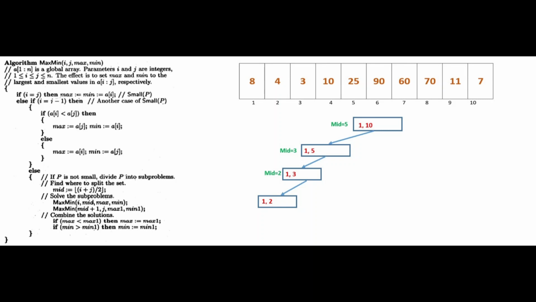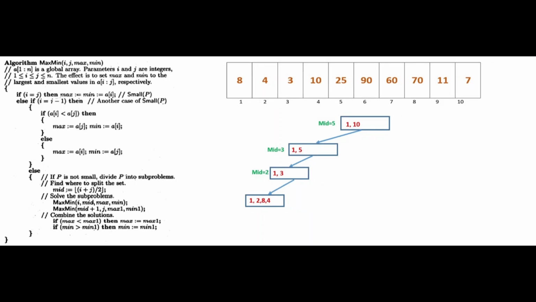So we go to the else part. Max equal to a of I, max equal to 8. Min is equal to a of j, a of 2, which is 4. So in this function we got the values of max and min: max equal to 8 and min equal to 4.